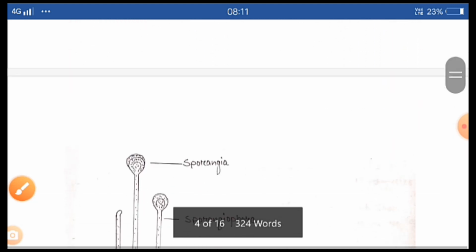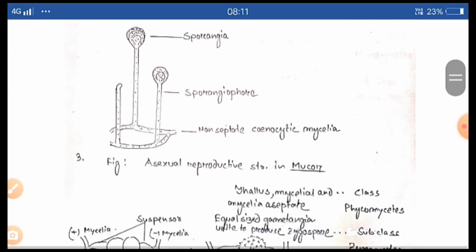Now we are moving to another diagram. On your screen it is none other than Mucor. You know this one very much. Mucor and Rhizopus, they destroy our bread.